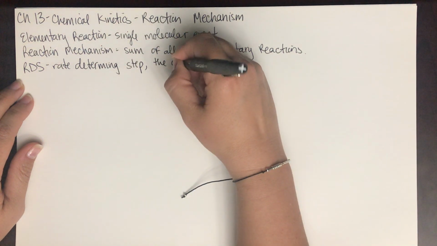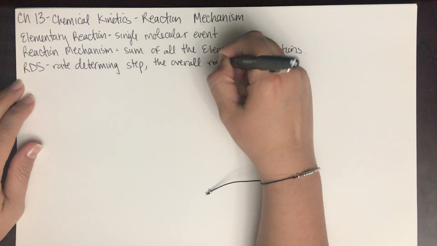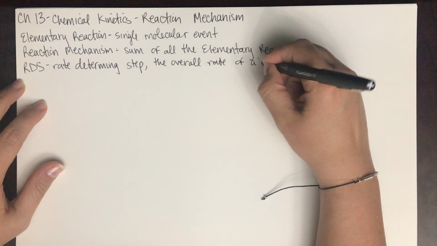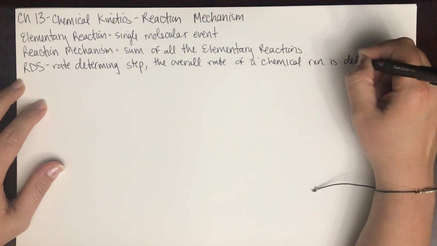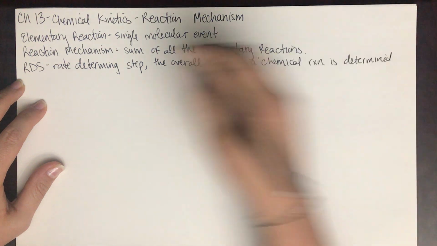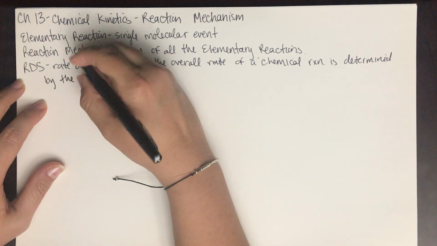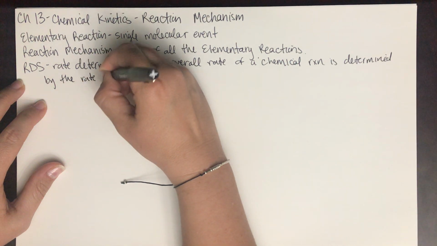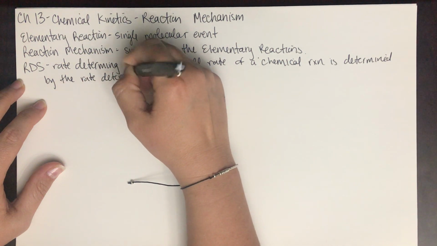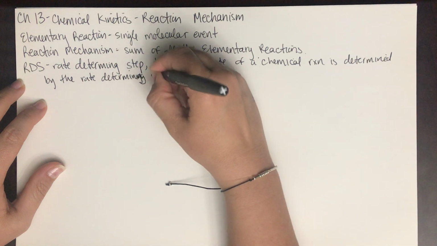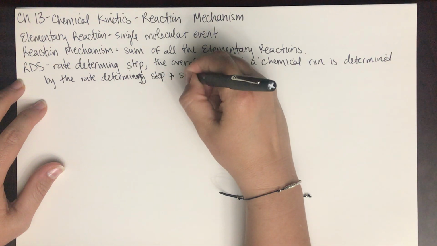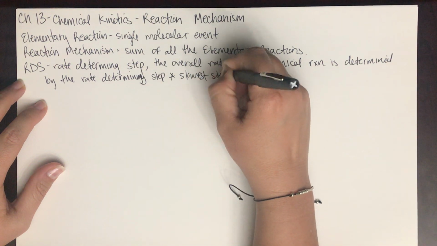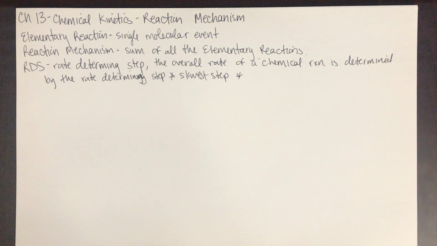The rate determining step is always going to be the slowest step. So a chemical reaction cannot proceed any faster than its slowest step.